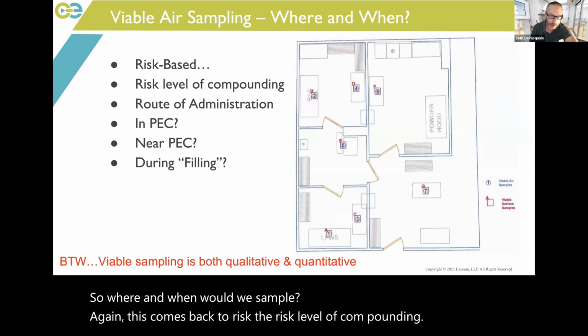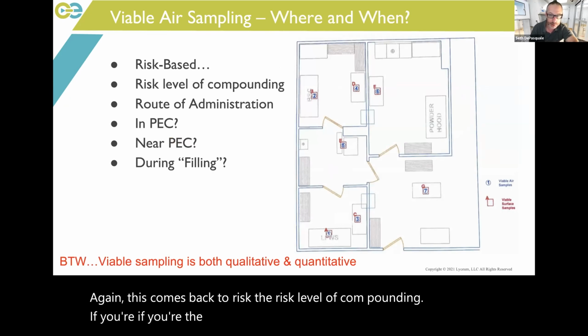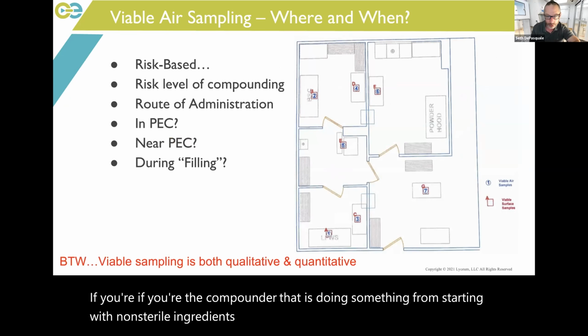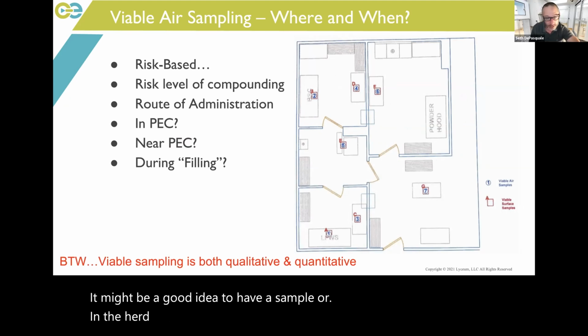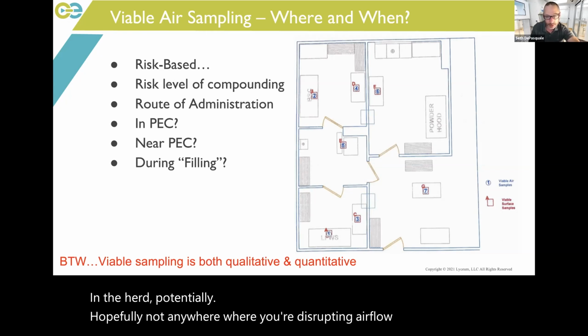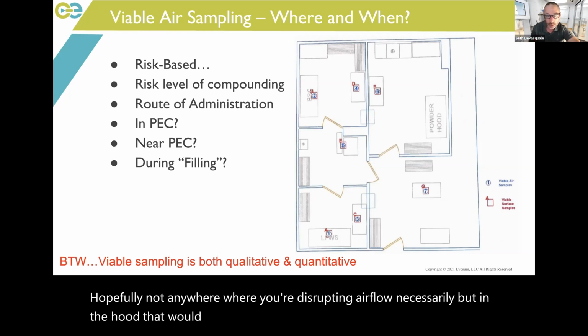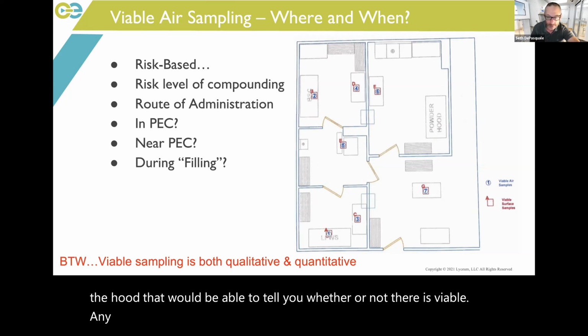If you're the compounder that is starting with non-sterile ingredients and you're going through a filtration process, it might be a good idea to have a viable sampler in the hood potentially, hopefully not anywhere where you're disrupting airflow necessarily, but in the hood that would be able to tell you whether or not there are any viables after the fact.